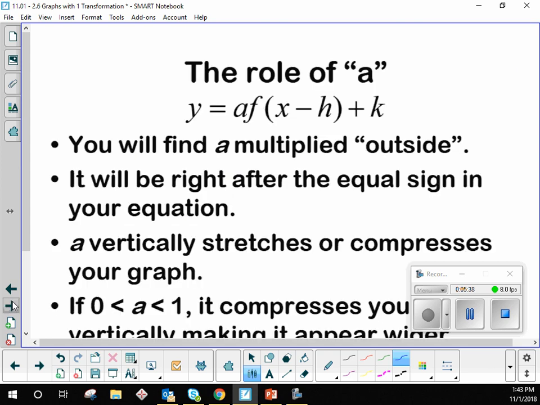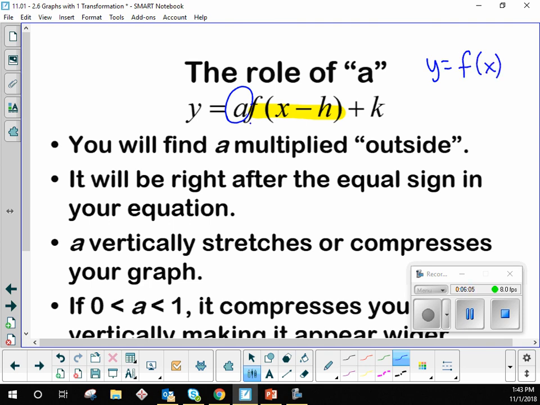All right, the next one we're going to talk about is a. A is on the outside of the function. It's in front, just like ax squared plus bx plus c. It's a constant. And what that is doing is changing your y values, because it's a times this thing right here. And what I want to remind you of is f of x represents your y values.